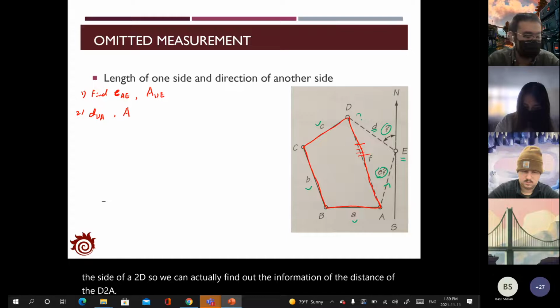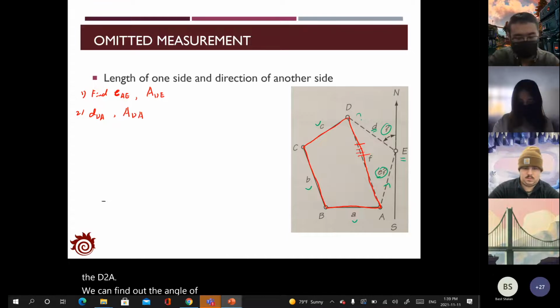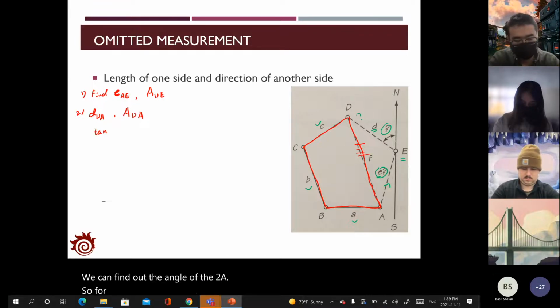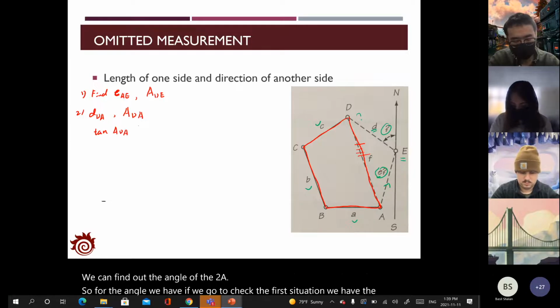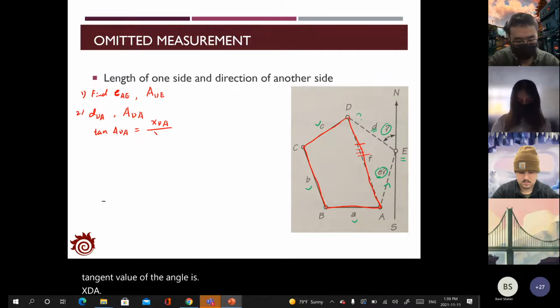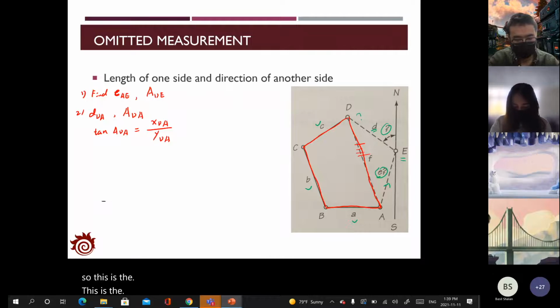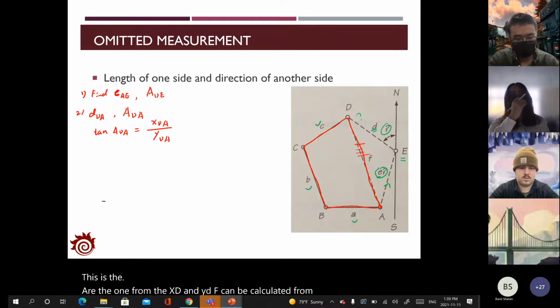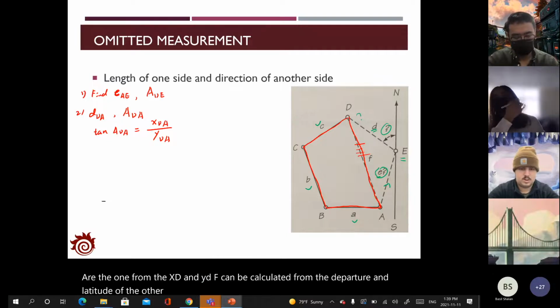We can find out the angle of D to A. So for the angle, if we go to check the first situation, we have the tangent value of the angle is XDA divided by YDA. The XDA and YDA can be calculated from the departure and the latitude of the other lines A, B, B, C, and C, D. And similarly, you can find out the distance.